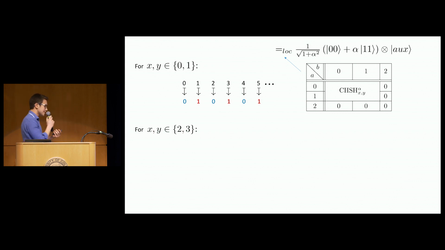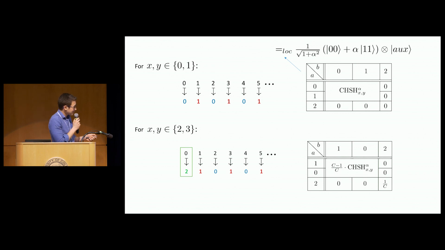And then for the second subset of questions, x, y, and 2, 3, we do a very similar mapping, so basically everything as before, except that the first answer 0 is mapped to 2. So this induces a slightly different correlation table, in which in the top left block we have again the ideal tilde CHSH correlation, but it's reweighted down, okay?